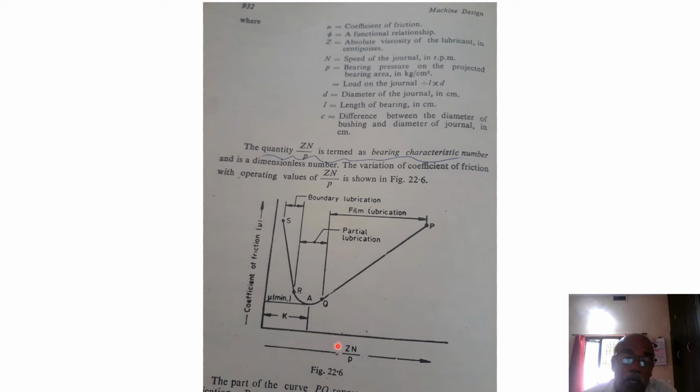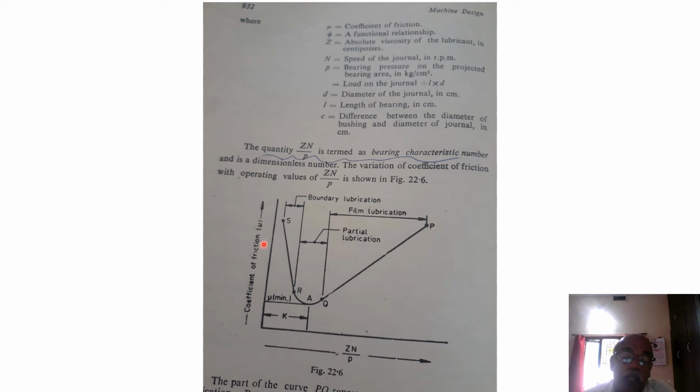As the bearing operates, the ZN by P value may change, because the speed is constant, Z may vary based on the temperature, and P, the allowable pressure, is also fixed. The coefficient of friction also changes with respect to the operating conditions.